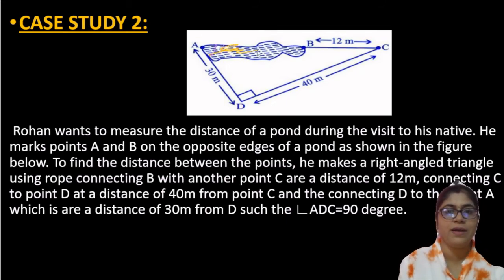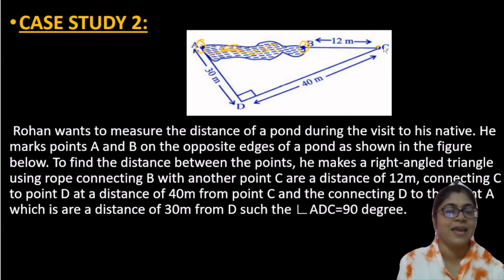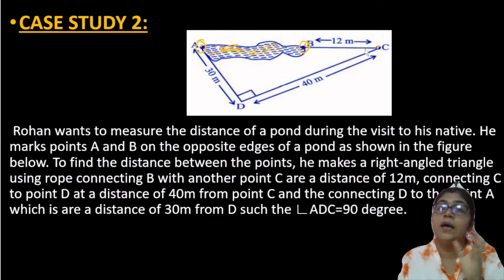This is the pond, and he has marked A and B at opposite ends of the pond as shown in the figure. To find the distance between the points, he makes a right angle triangle using rope, connecting B with another point C. So he has started from B with one rope, from B to C, and he was trying to make a right angle triangle.